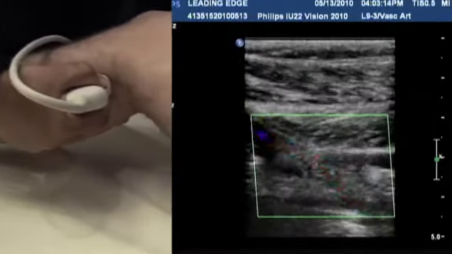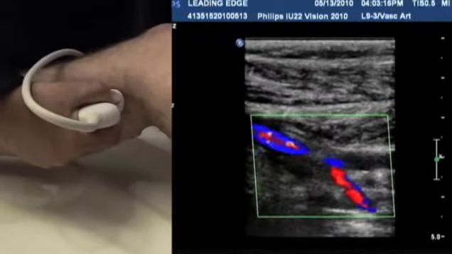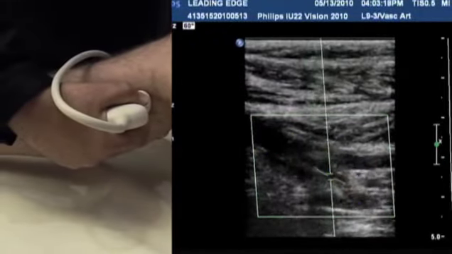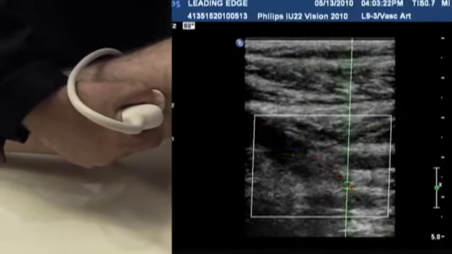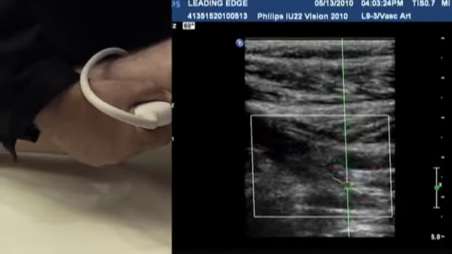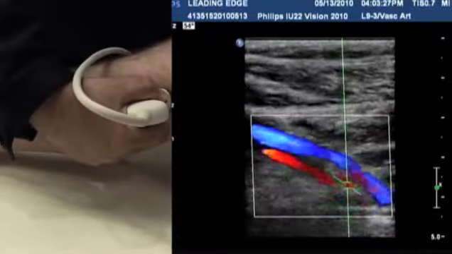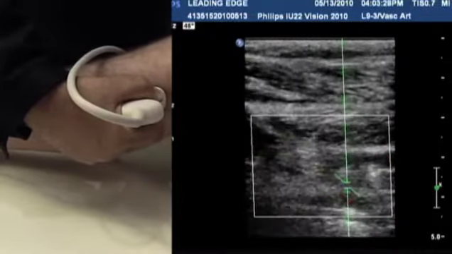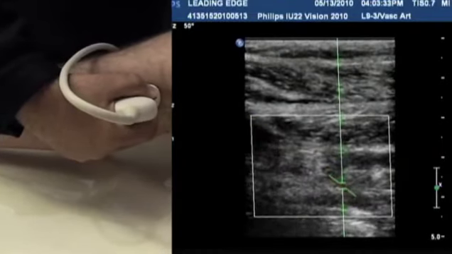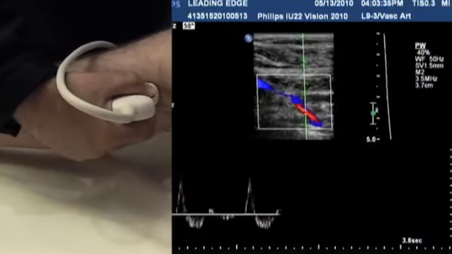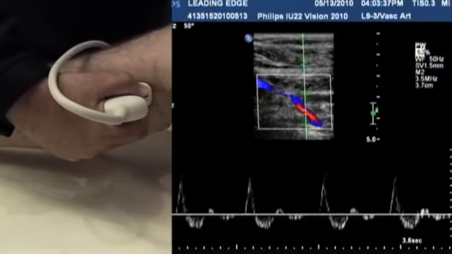So let's take a quick look at the waveform in the anterior tibial artery. As you can see, the vessel's moving away from us. Not quite a 60-degree angle, but that's okay. I'm more interested in the shape of the waveform here than I am in the velocity. So let's just listen to that. And again, it's triphasic.